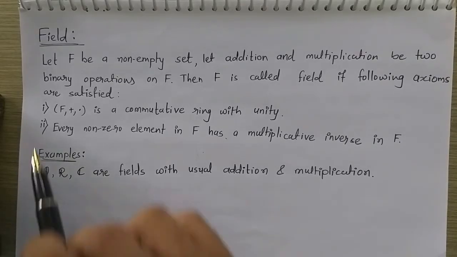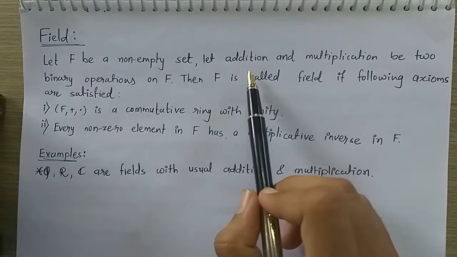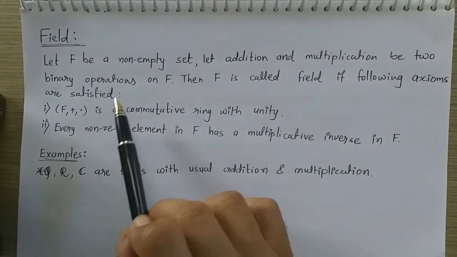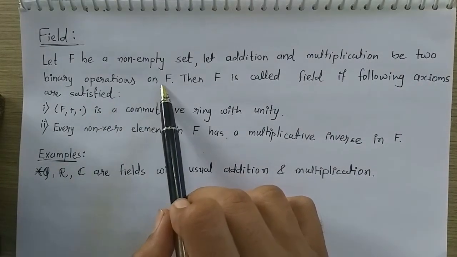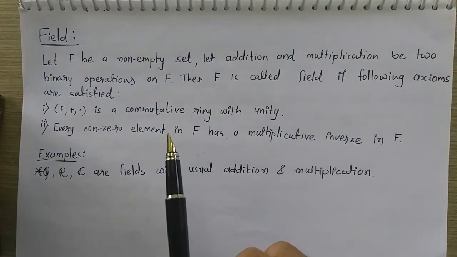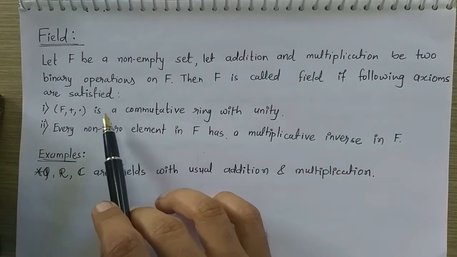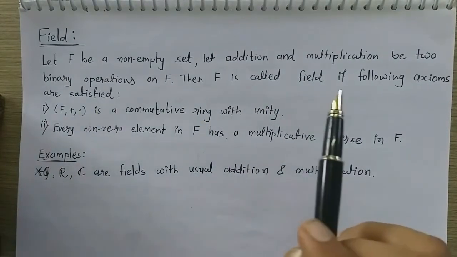Now it is the definition of field. Let F be a non-empty set. Let addition and multiplication be two binary operations on the set F. Then F is called a field if the following axioms are satisfied. What is the first? F plus dot is a commutative ring with unity.